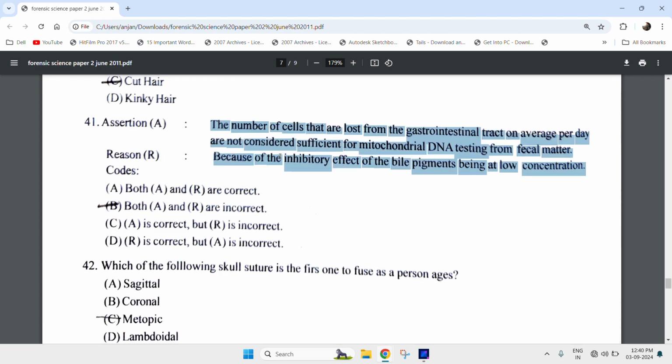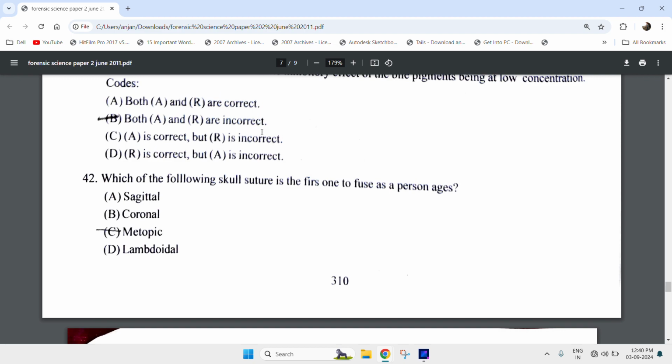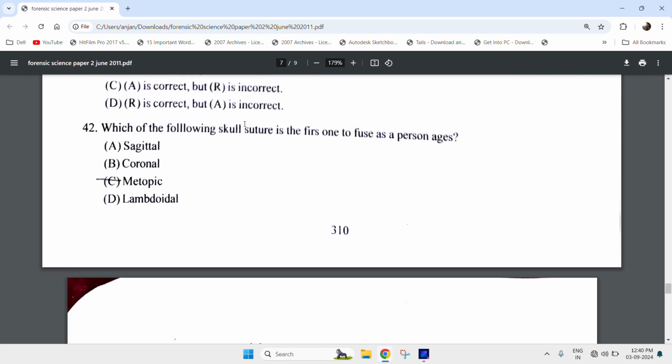Reason R: Because of the inhibitory effect of the bile pigment being at low concentration. Both A and R are incorrect. Which of the following skull sutures is the first one to fuse as a person ages? Metopic.